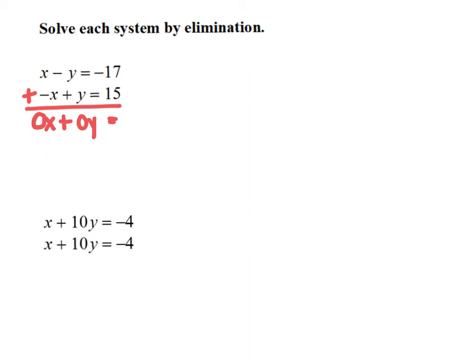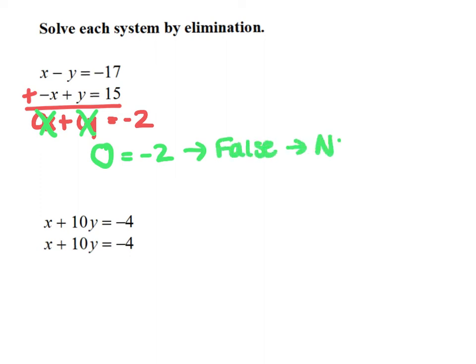And negative 17 plus 15 becomes negative 2. Now I don't have to include the 0x or the 0y because there's a 0 in front of it. So this becomes 0 equals negative 2. Now this is a false statement, so this is what we would refer to as no solution, meaning there's no possible value of x and y that would work as a solution.